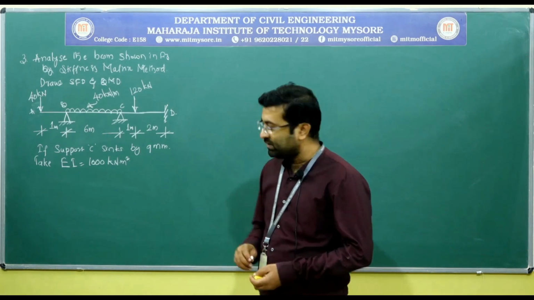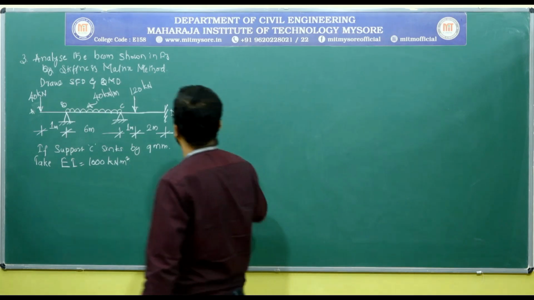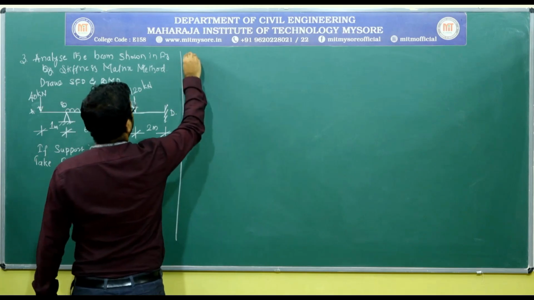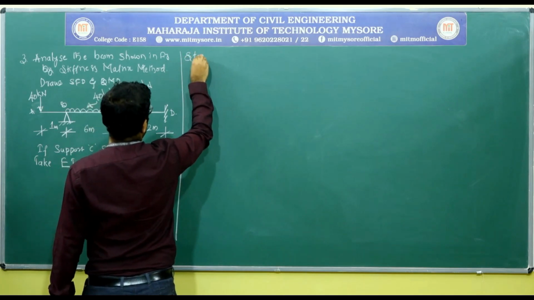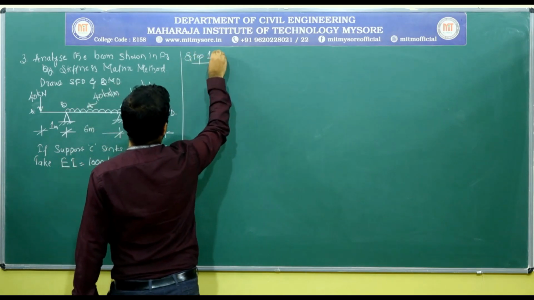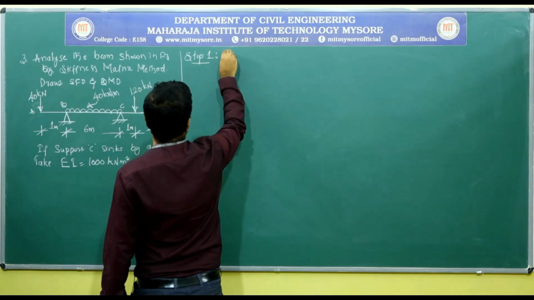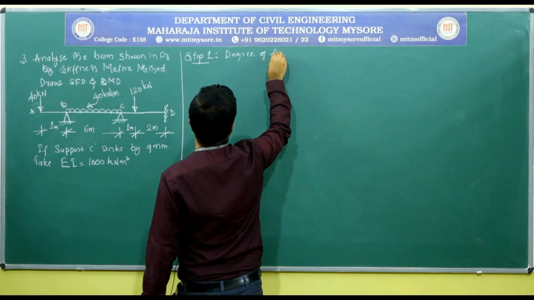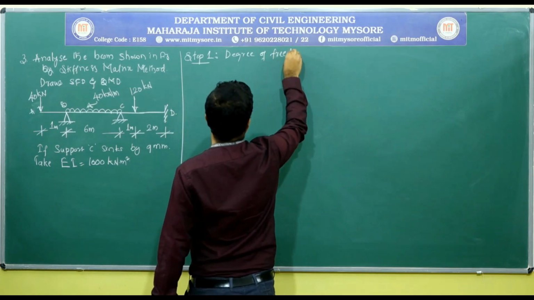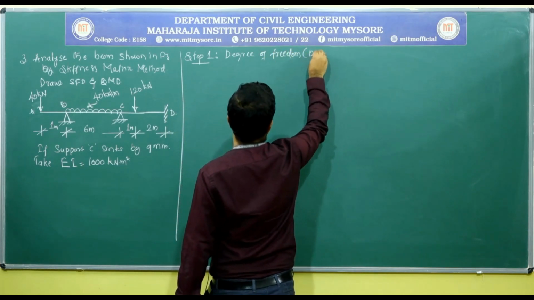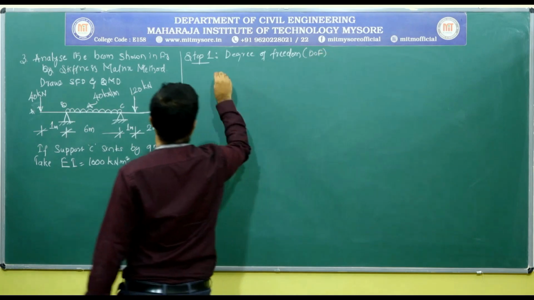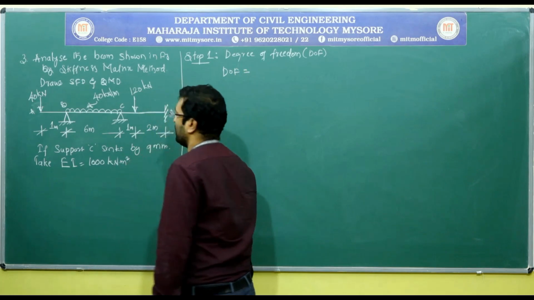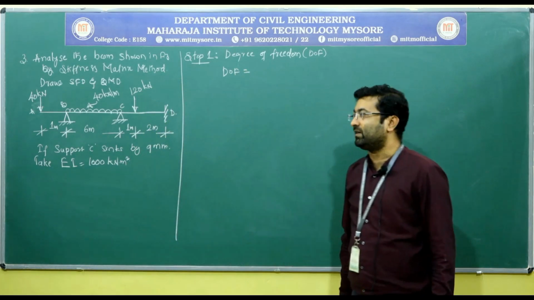Okay. So let me start with the solution. As usual, I will be dealing with the entire problem stepwise. The first step is degree of freedom, or DOF. So here we need to deal with how many degrees of freedom we have.